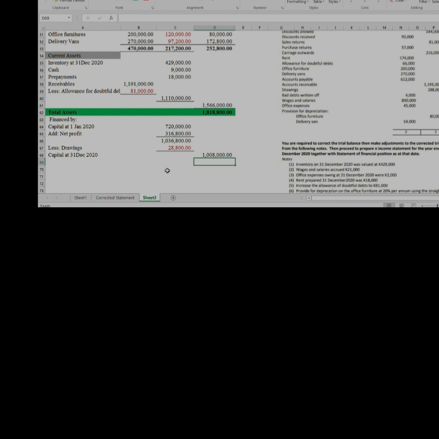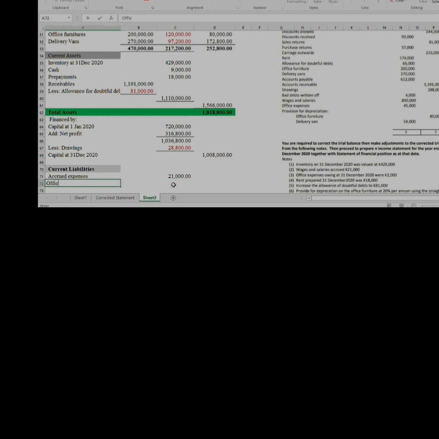Then we go to current liabilities. So under current liabilities, you have wages and salaries accrued. So you can just put accrued expenses. We have 21,000.